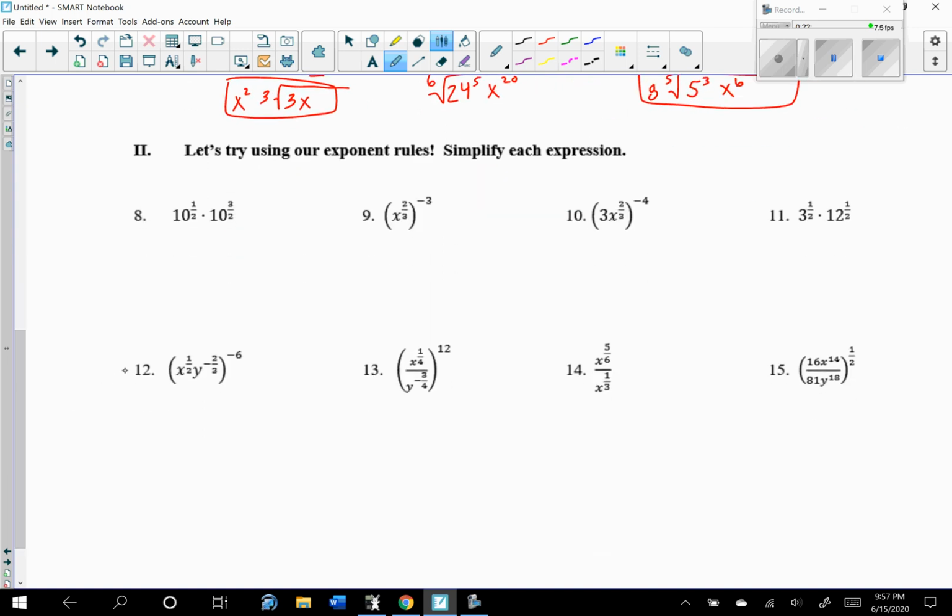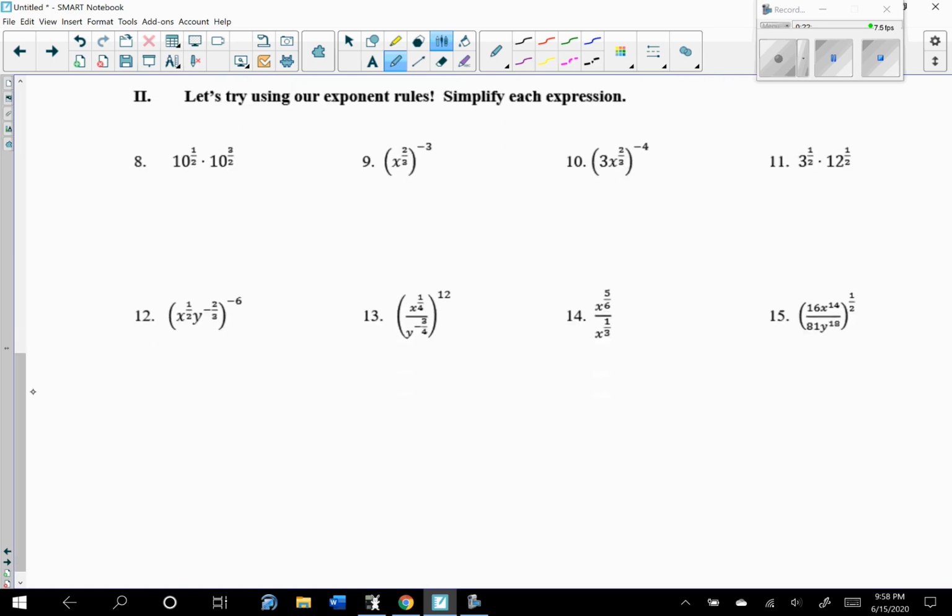All right, looking at the next one, let's try using our exponent rules. Simplify each expression. For these, go ahead and do this on your own, and then when you're done, you can unpause it. So here, for number 8, we have the same base being multiplied, so you add the exponents. So this would be 10 to the 1/2 plus 3/2. We have the same denominator, so you need a common denominator to add or subtract fractions.